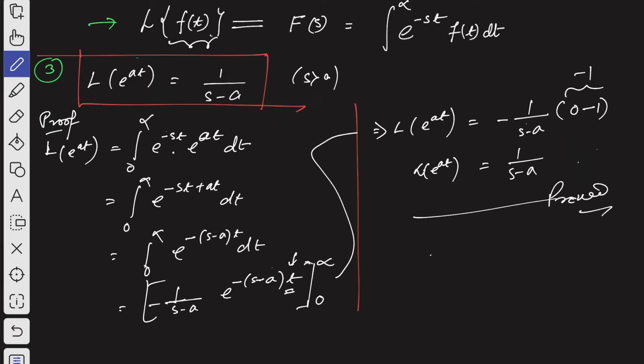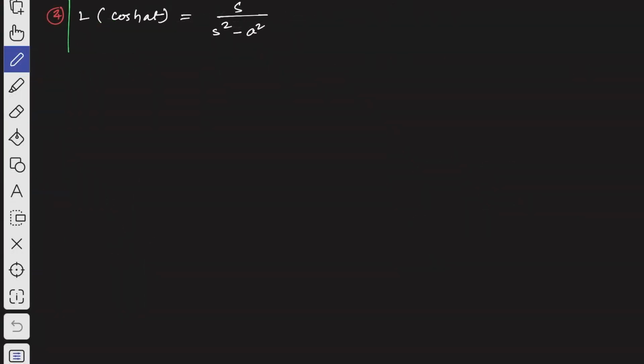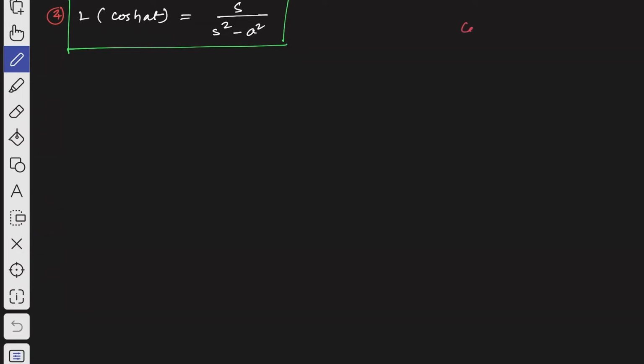Now next formula, what is the next formula? This is our formula number 4, Laplace transformation of cos hyperbolic at, that's s by s square minus a square. So remember one thing, remember this one as formula, that cos hyperbolic at is equal to e to the power at plus e to the power minus at by 2.